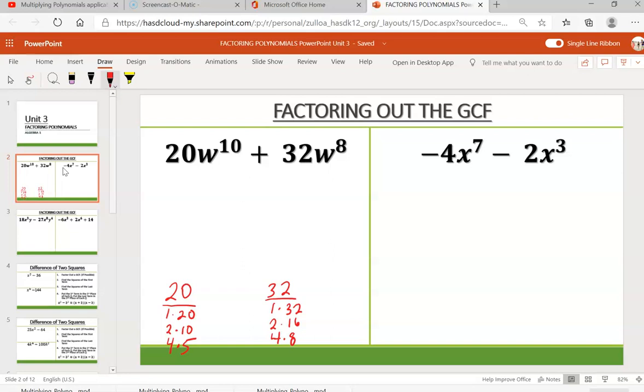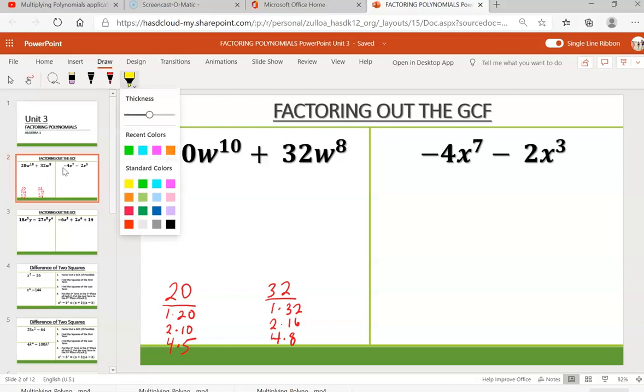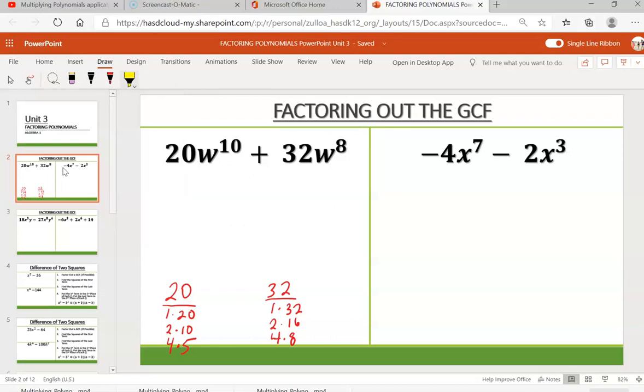Now, I have to find the greatest number that both 20 and 32 have in common. So I look under 20, because you always start with the smaller number, and you see if 32 has the number. So you go backwards. You start with 20. There is no 20 here. You have a 10.